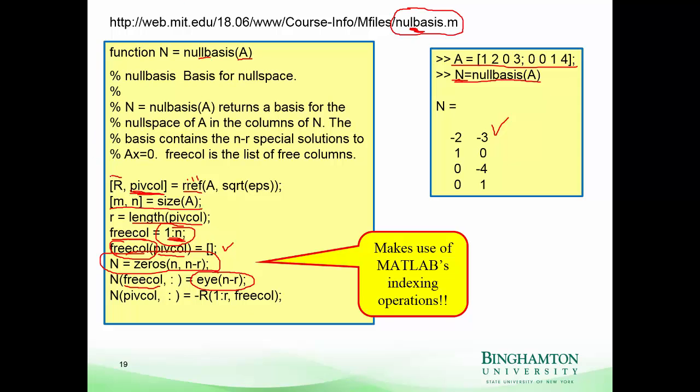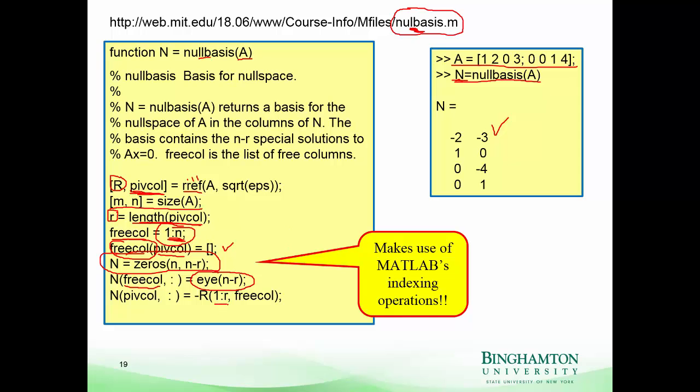So this is the R matrix, which is the reduced row echelon form. We take the first r rows of it, so we start from the top and go down as many locations as pivots. So remember, r here was the number of pivot columns.